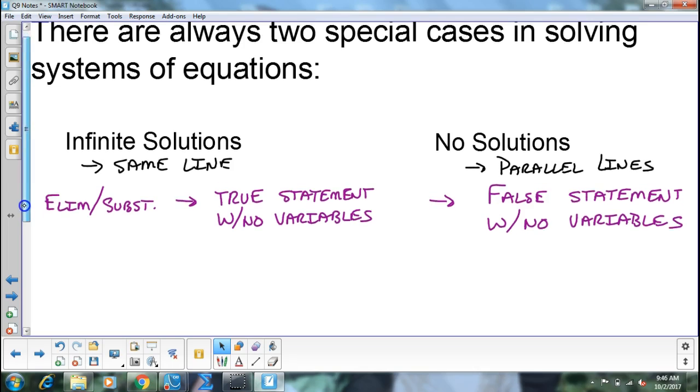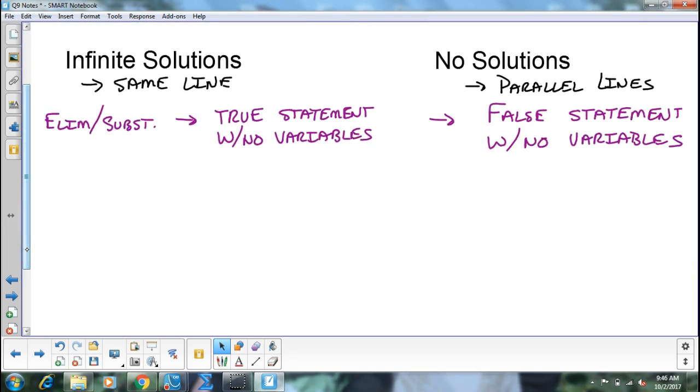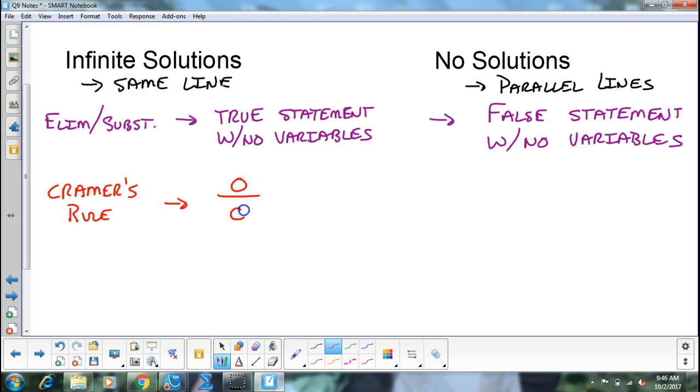When you are doing Cramer's rule, and it's an infinite solutions case, you will get 0 over 0 for your fraction. Let me back up and let me show you.